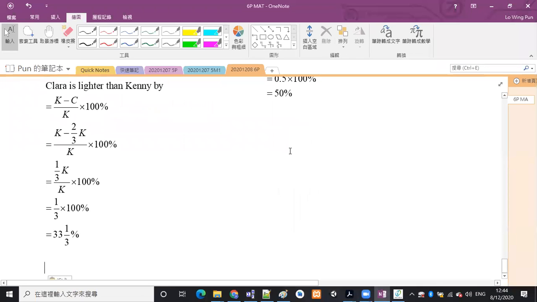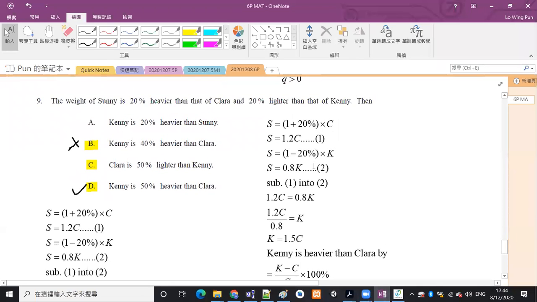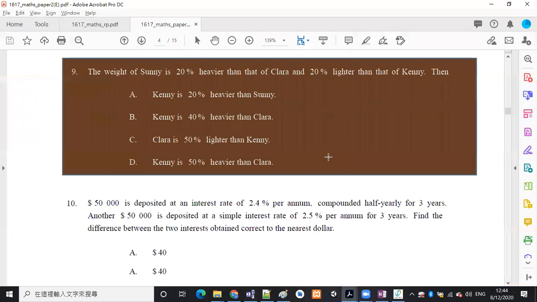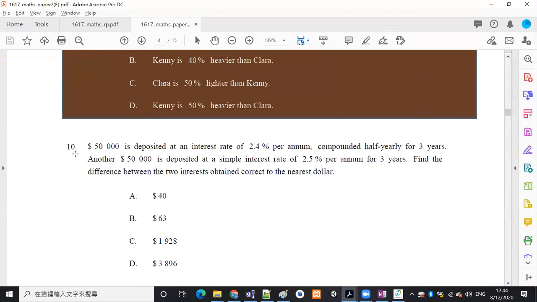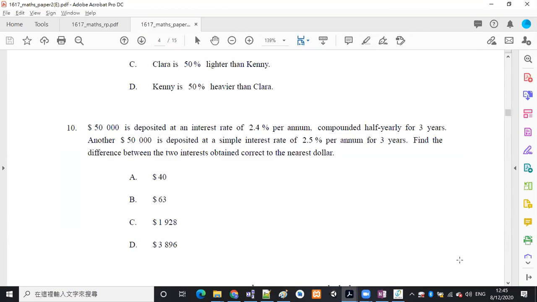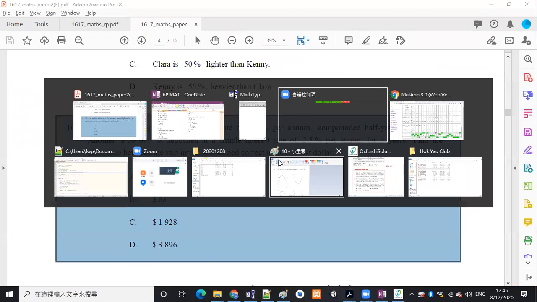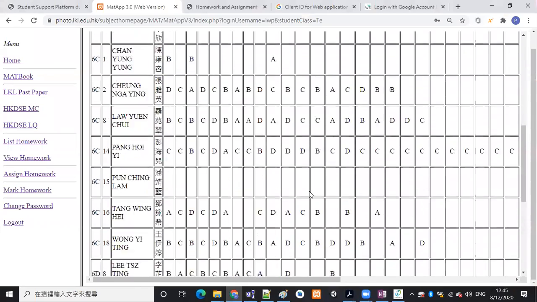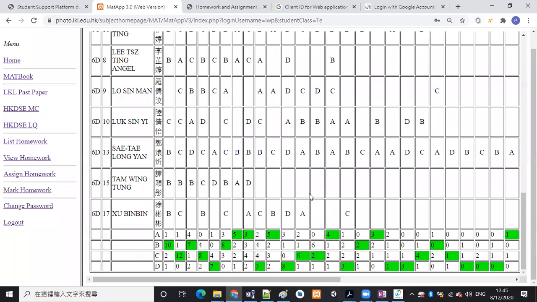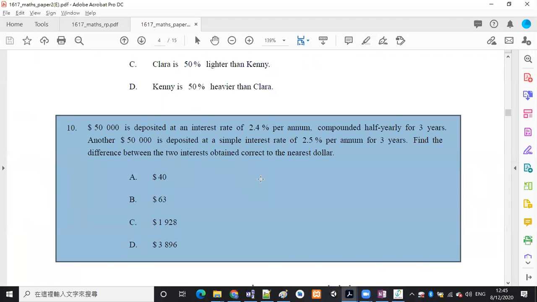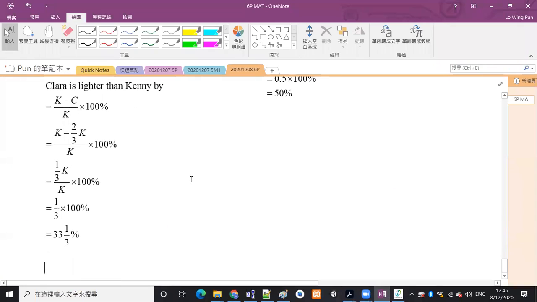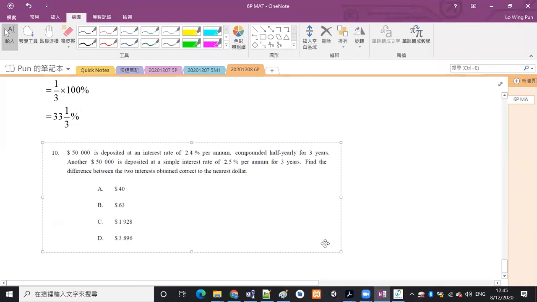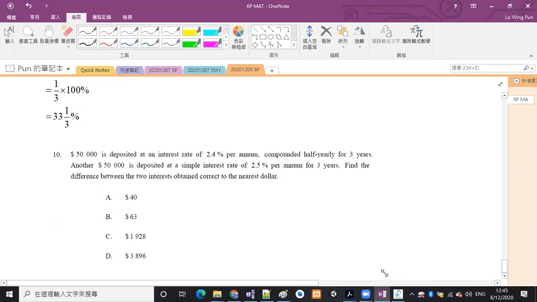$50,000 is deposited at an interest rate of 2.4% per annum, compounded half yearly for 3 years.